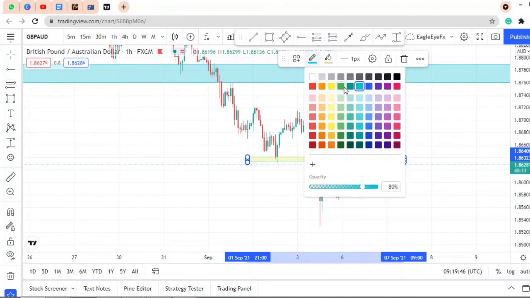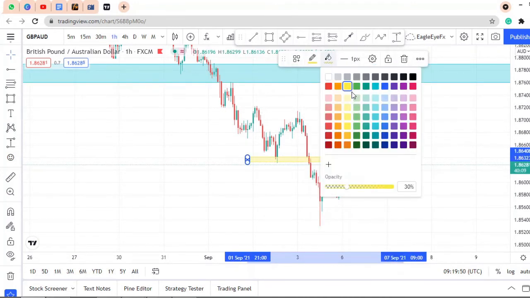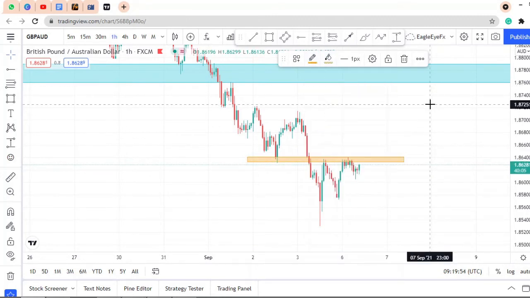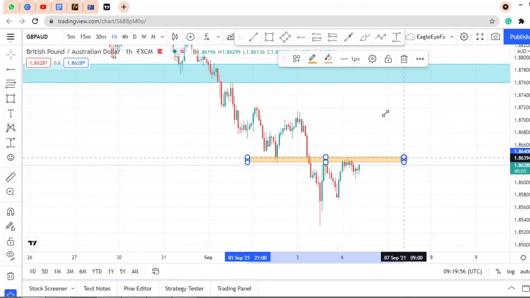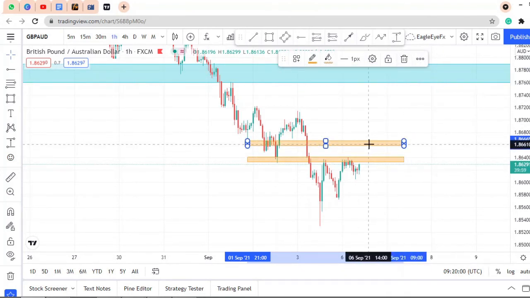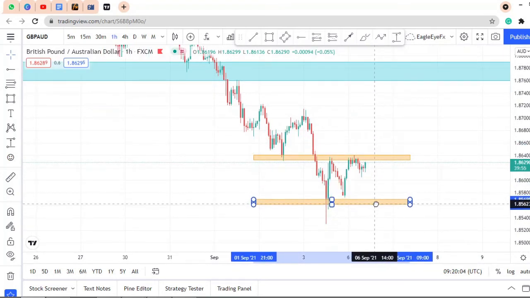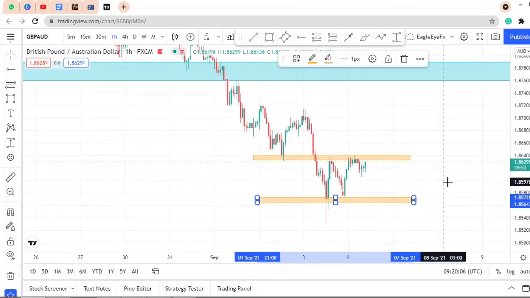Let's change the color. I don't know if you can see that, but let me make it a bit brighter. Okay, so that's one level there. Then that's another one over there, right?